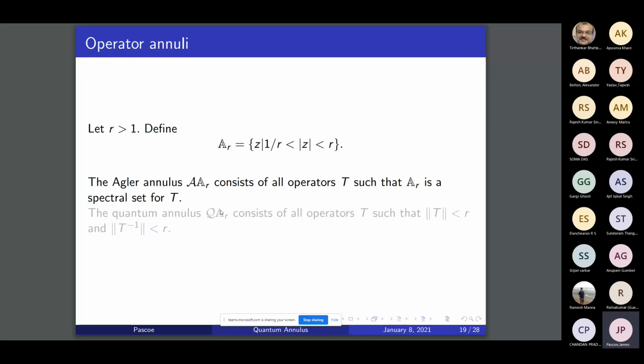The spectral annulus consists of all operators T such that this annulus with parameter R is a spectral set for T. And then we're going to define the quantum annulus to be the set of all operators such that the norm of T is at most R and the norm of T inverse is also at most R. Implicitly we're insisting that the operators inside of this quantum annulus be invertible.